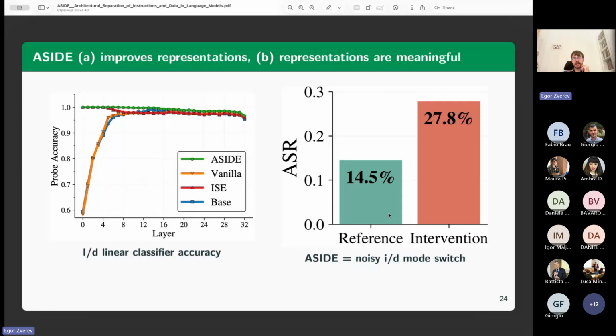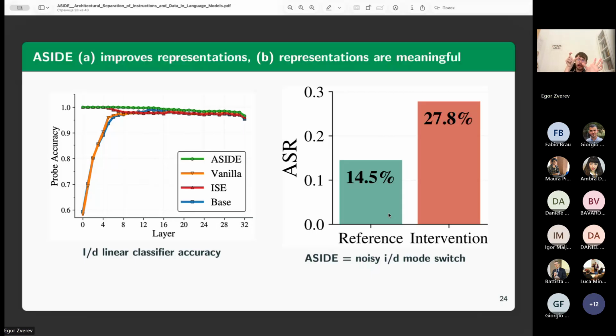Now, the second interpretability experiment is here on the right, where we computed the attack success rate of the model on a subset of the SEP dataset, and we put some prompt injections in the data part.